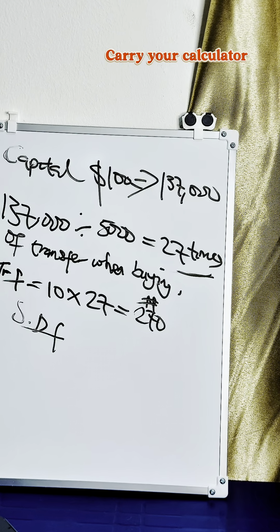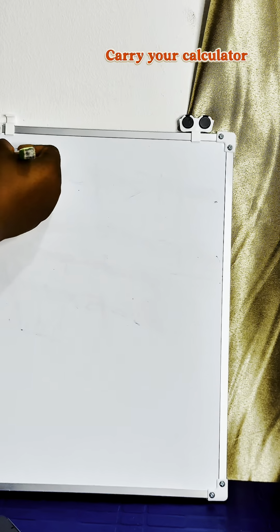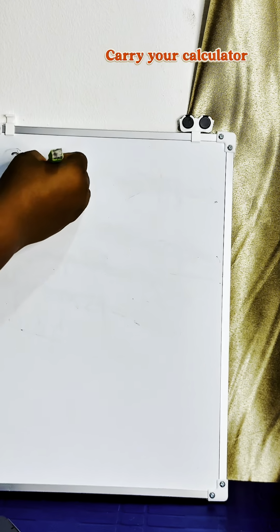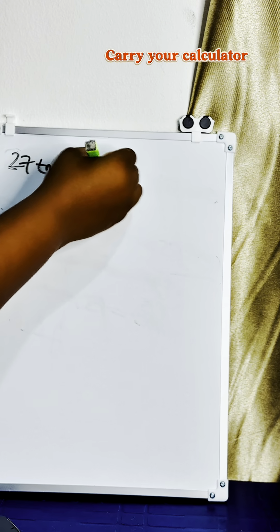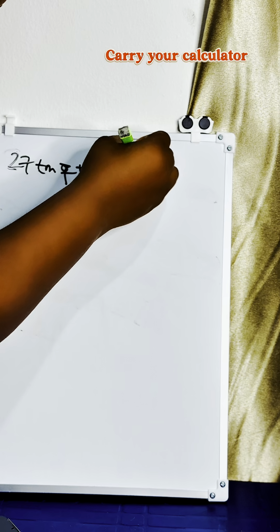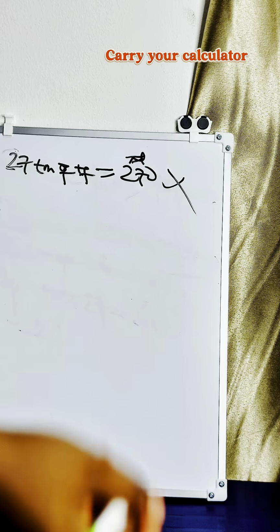Now this is the strategy I have come up with for you beginner merchants with $100 to $200 capital. Since we don't want to be doing 27 transfers that will be costing us 270 naira, I've come up with a plan.